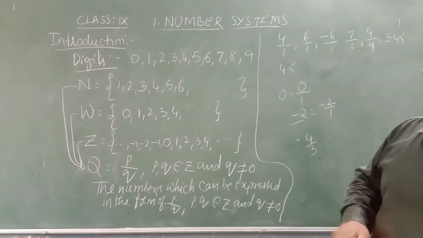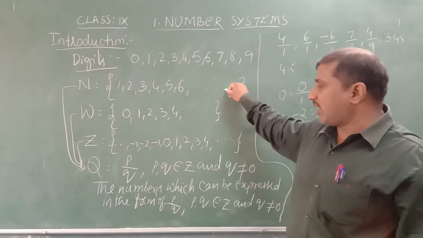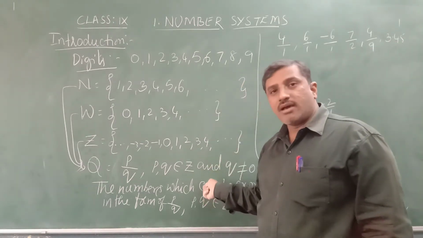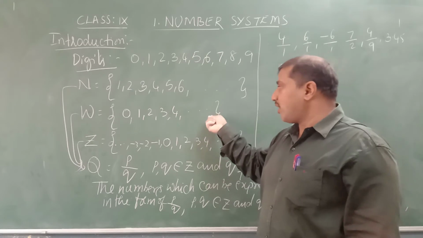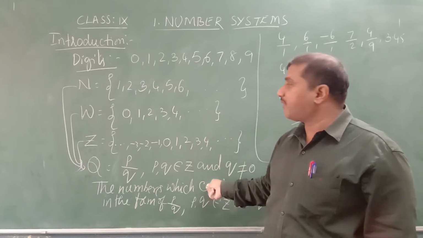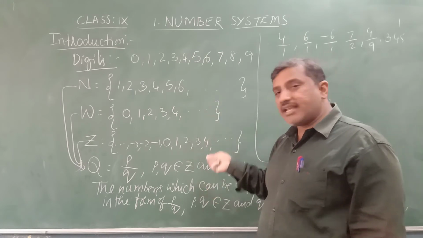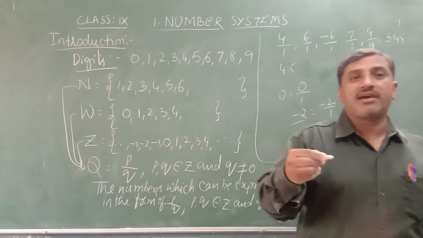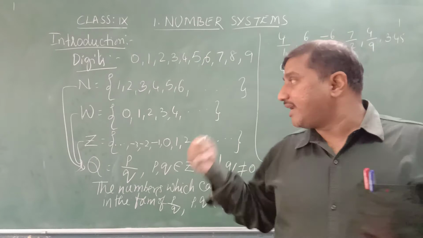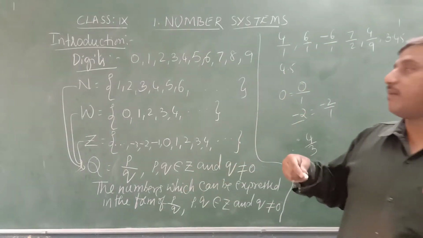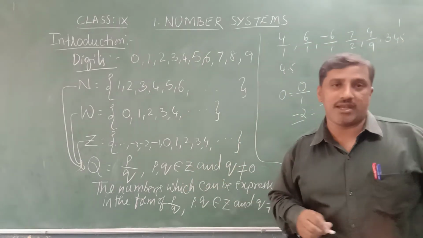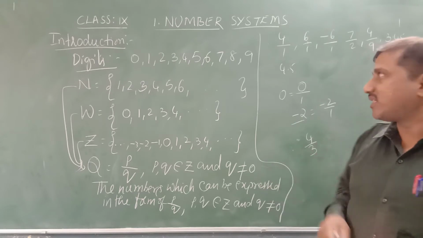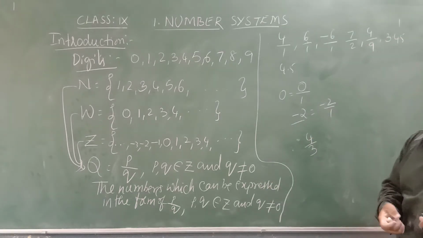But every natural number is a rational number. Every whole number is a rational number. Every integer is a rational number. But every rational number is not an integer, a whole number, or a natural number. So theoretical and logical questions can be answered on this.